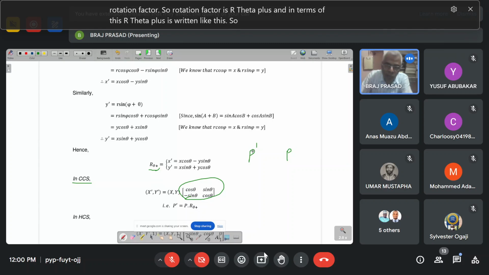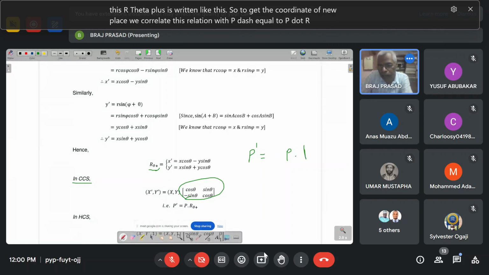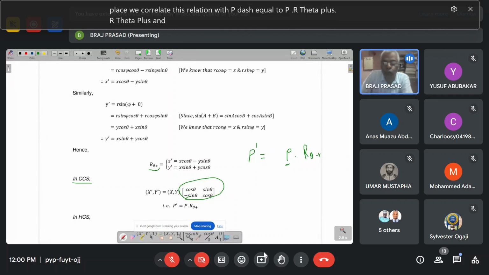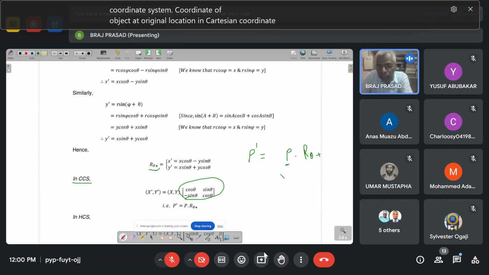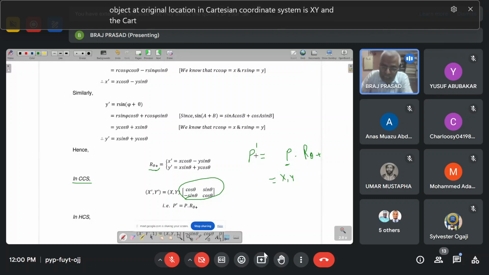To get the coordinate of the new place, we correlate this relation with p dash equals p dot R theta plus, where p denotes the coordinate of the object at the original location in the Cartesian coordinate system, x comma y, and p dash at the new location is x dash, y dash, that I have shown in the figure.